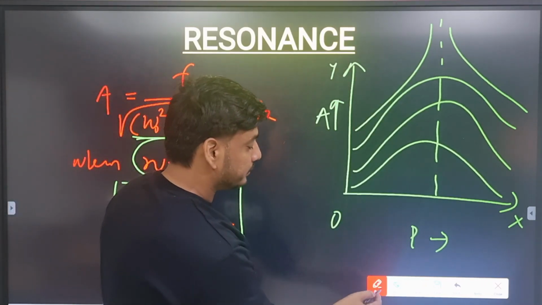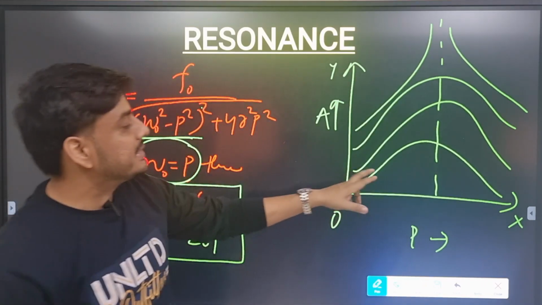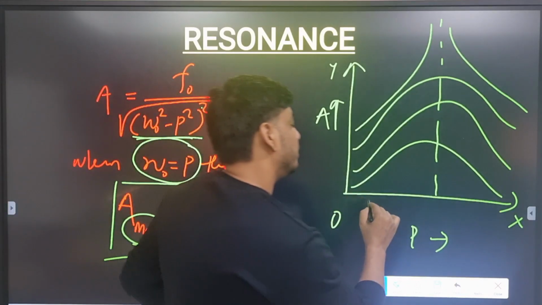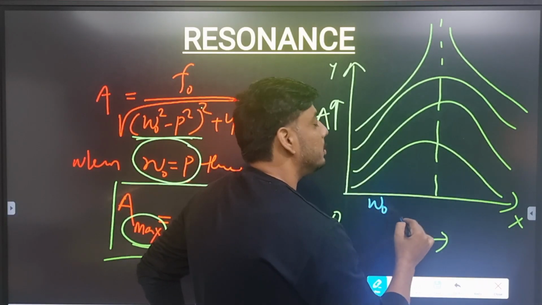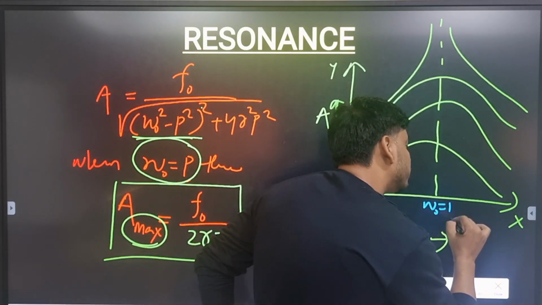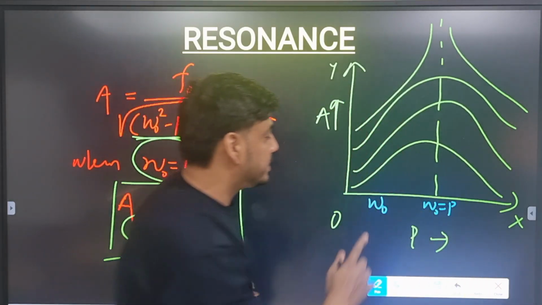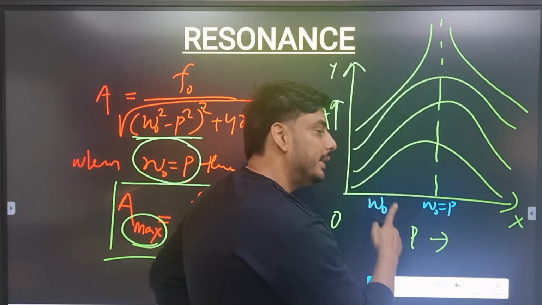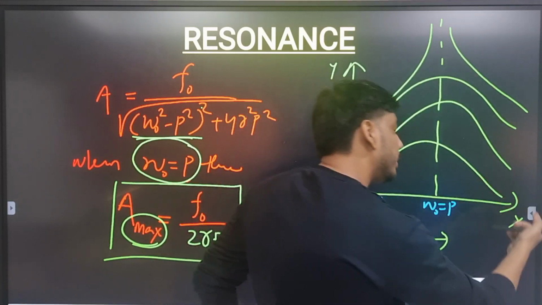First thing you observe here, this is when omega naught equals P. And this is when P is less than omega naught, and when P is greater than omega naught.